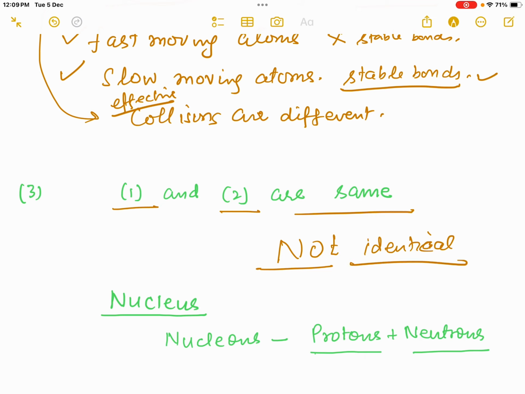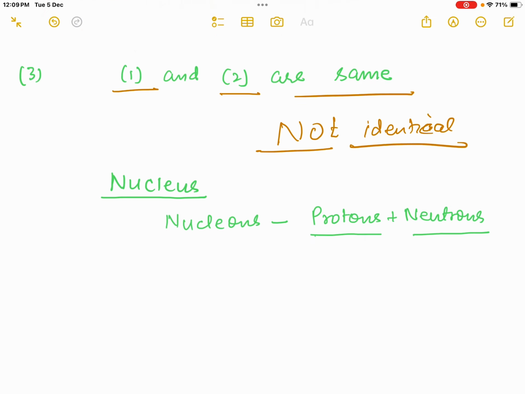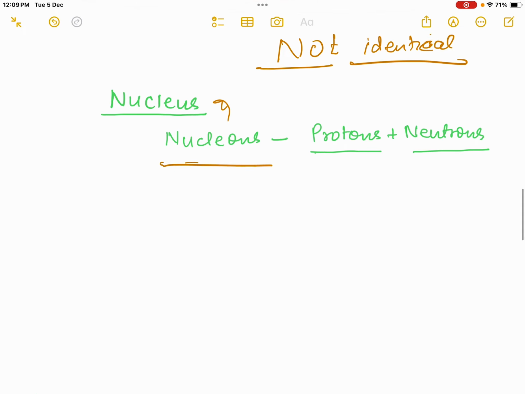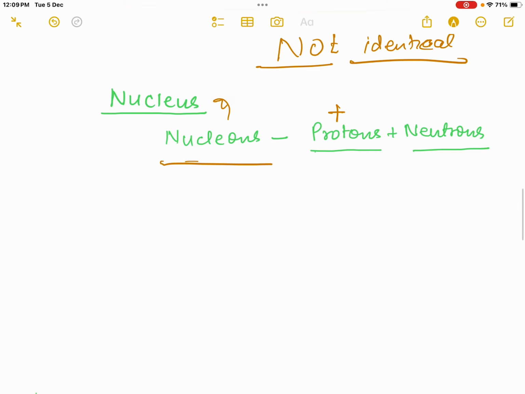There are other situations where we have the nucleus. Nucleons are present in the nucleus: protons and neutrons. These are positively charged and these are neutral, and equal in numbers. But what happens?